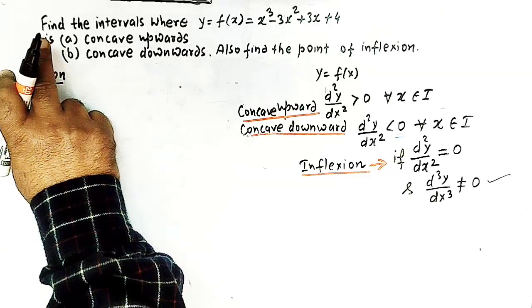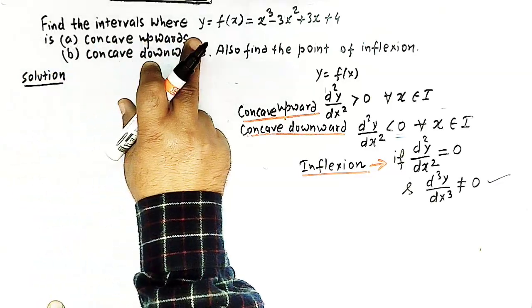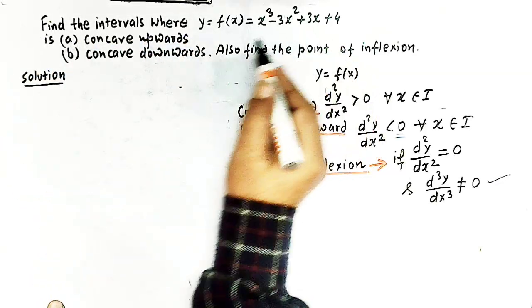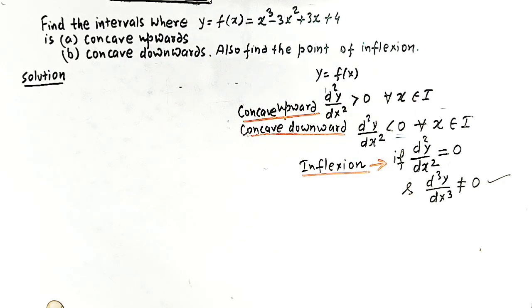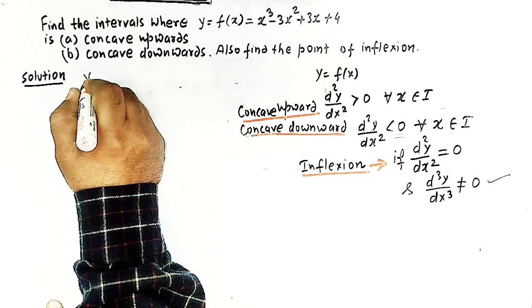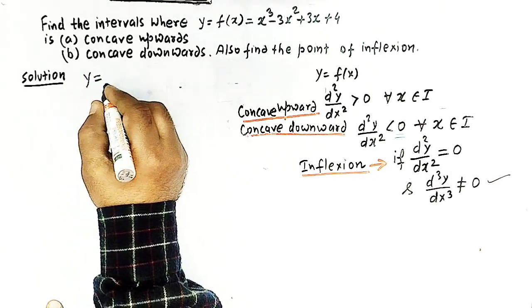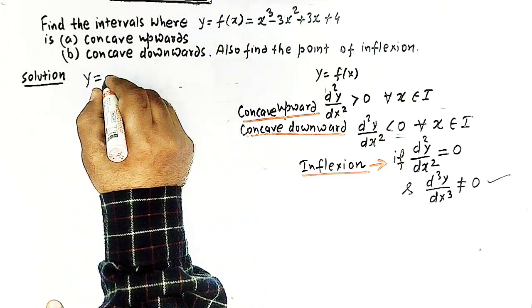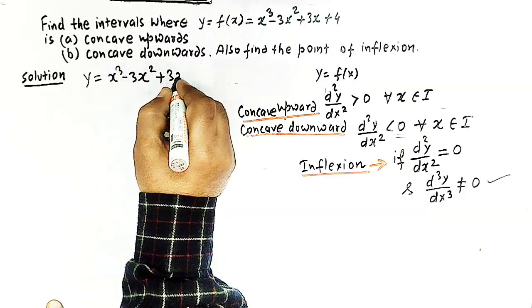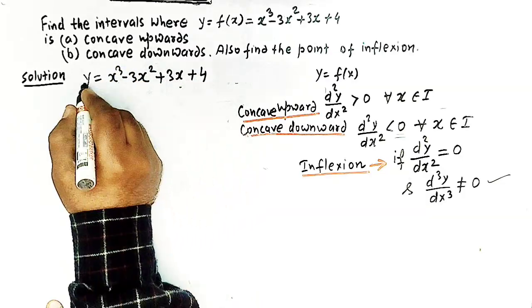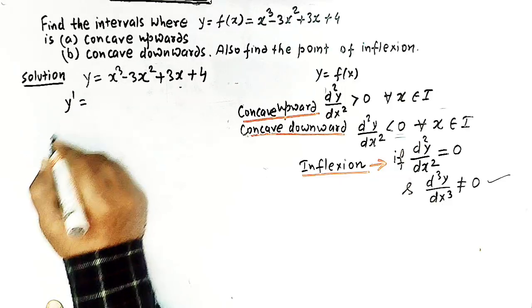So now let us consider this problem. Here we have to find the intervals where this function is concave upwards, concave downwards, and we have to also find the point of inflection, right? So here the equation of the curve is x cube minus 3x square plus 3x plus 4. So let us first find out the first derivative.